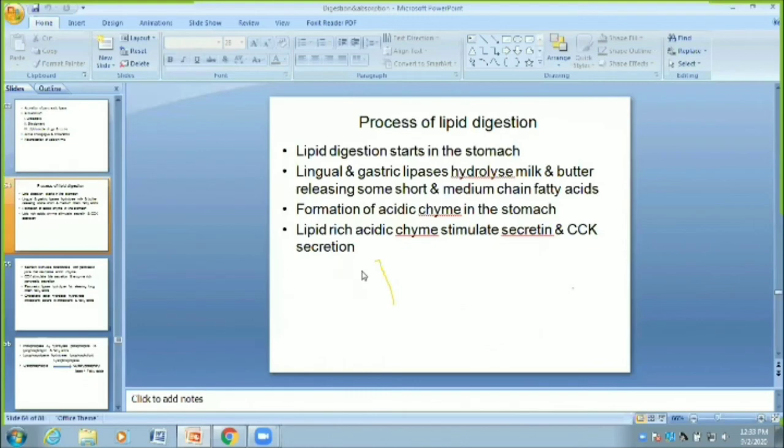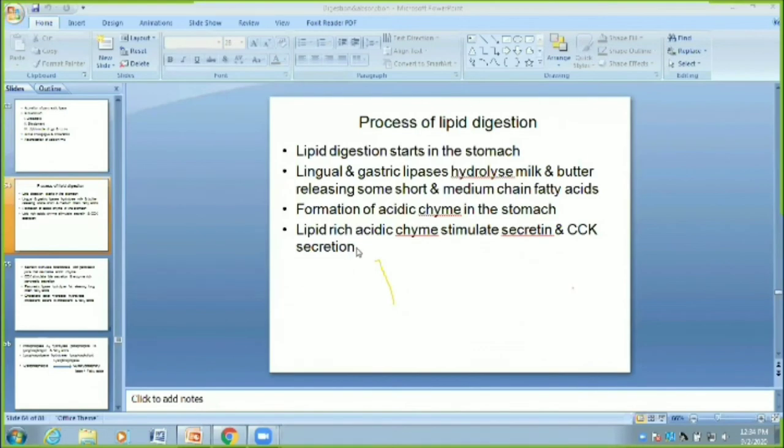Number three, gastric lipase. These three enzymes act efficiently in acidic medium. Other enzymes mostly act in alkaline medium.